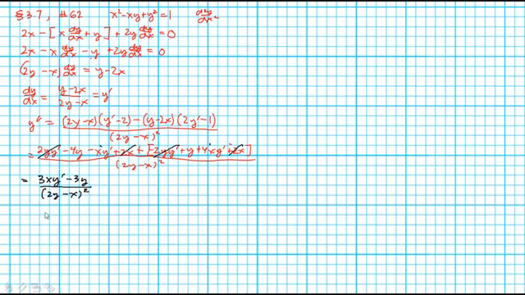Now at this point I've got to get rid of this y prime, which means I'm going to have to substitute what y prime is equal to, and that looks like this. Well, first of all, I'm going to write the denominator here separately.